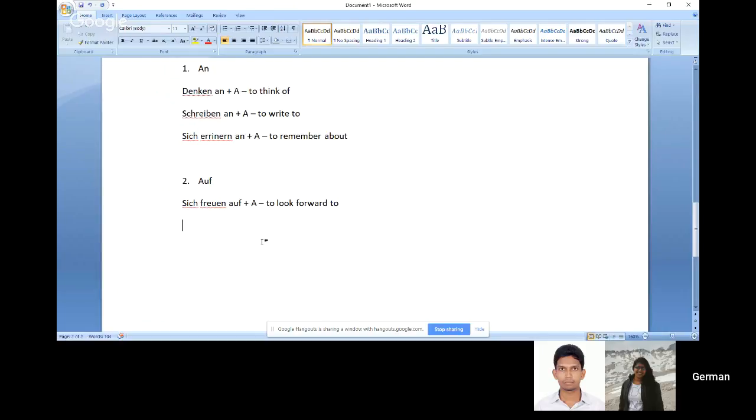It is not remaining as I am happy about something. "Auf" as a preposition means on. So you're not happy on something, but you're looking forward to something. This is what it means. So do you get the difference between just the verb and the verb with the fixed preposition? Yes. Okay.